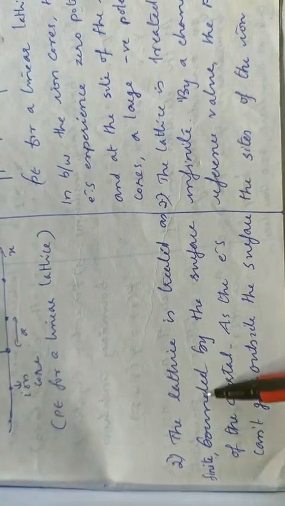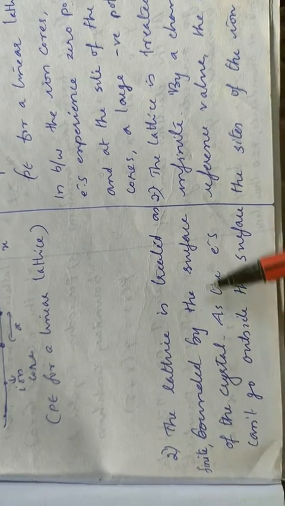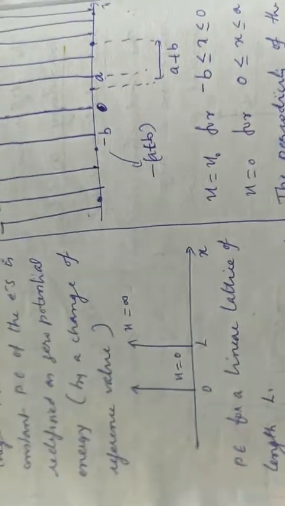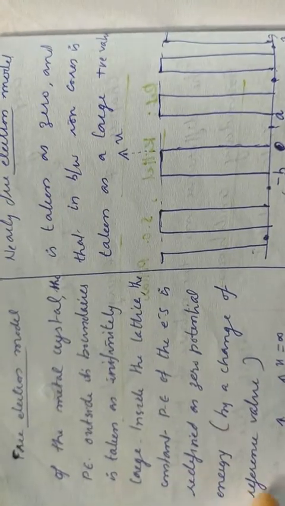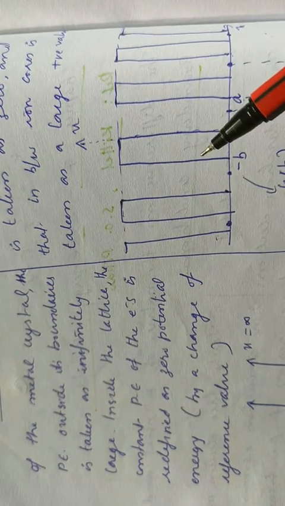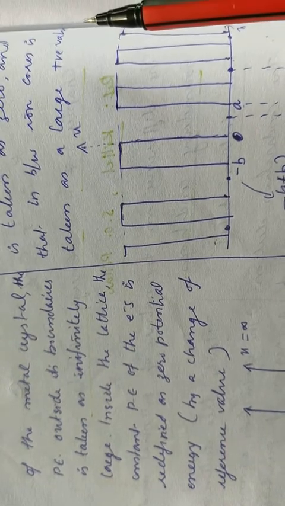The second difference is that the lattice is treated as finite, bounded by the surface of the crystal, as the electrons can't go outside the surface of the metal crystal. The potential energy outside the boundary is taken as infinitely large.